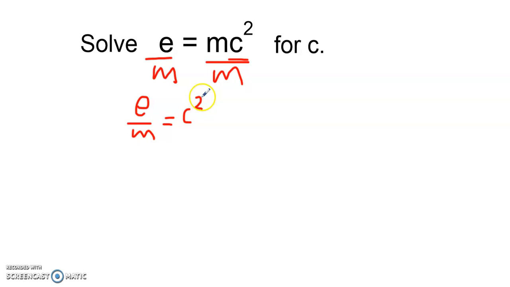Now to get rid of this square, we need to do the square root of both sides. So the square root will cancel this squared and leave just C. And then we'll still have the square root of E over M all in the square root.